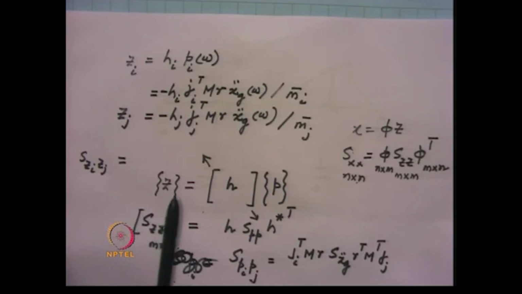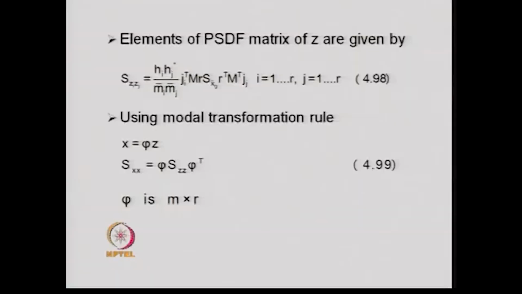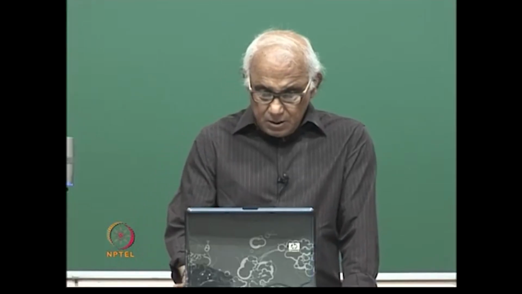These cross terms denote the correlation between the power spectral density functions of z_i and z_j.